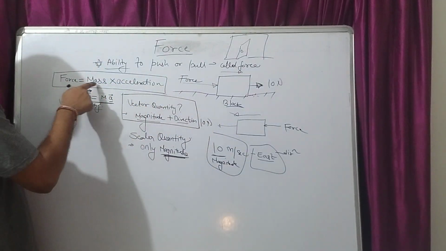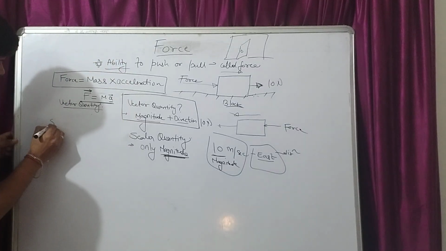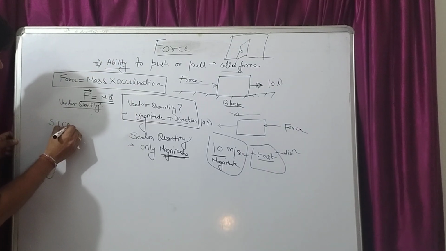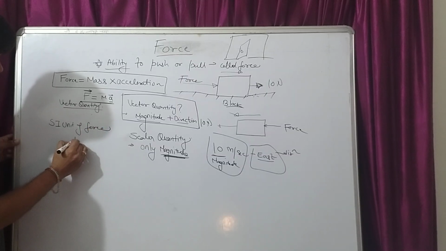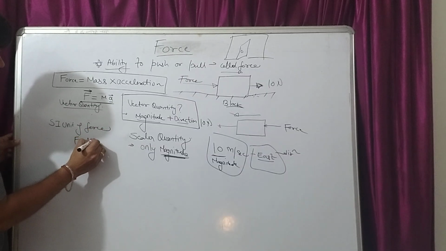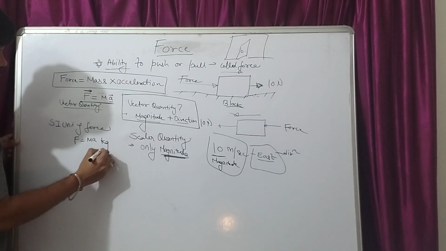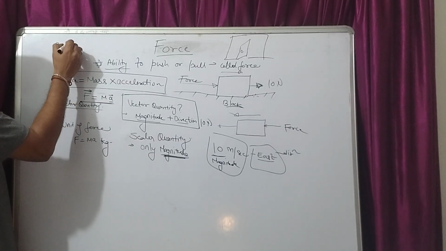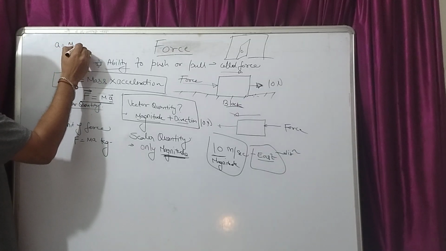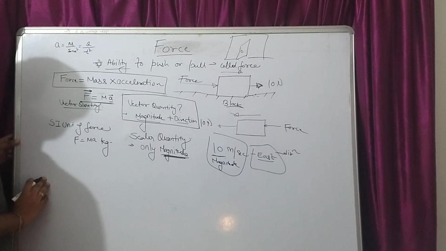The formula of force is mass into acceleration. If we write the SI unit of force, what is it? See, F is equal to mass into acceleration. Mass is in kg. Acceleration is meter per second square. Meter is length, second is time, right?